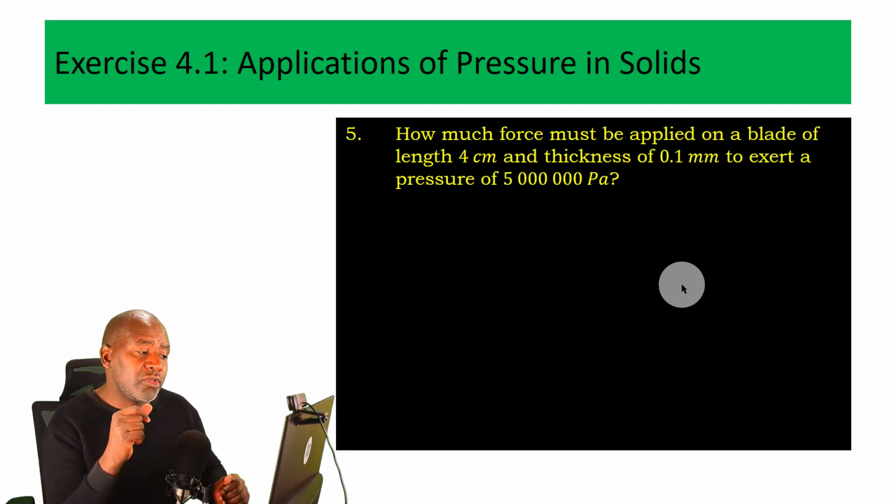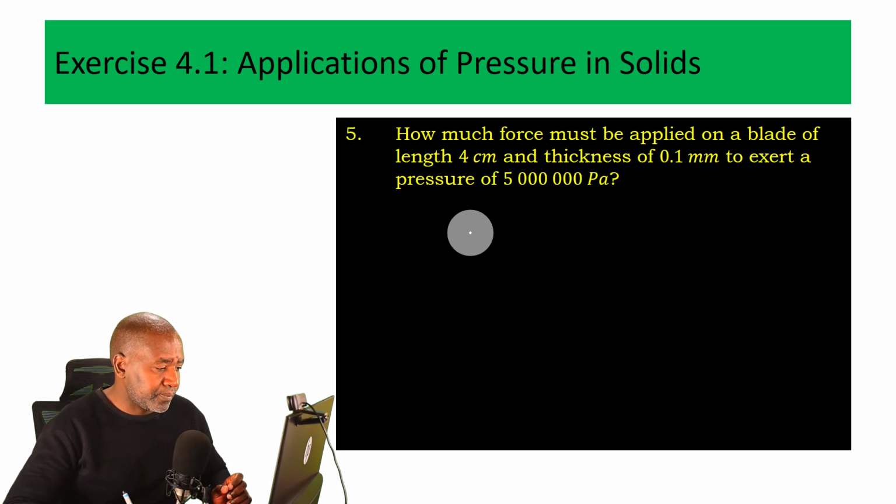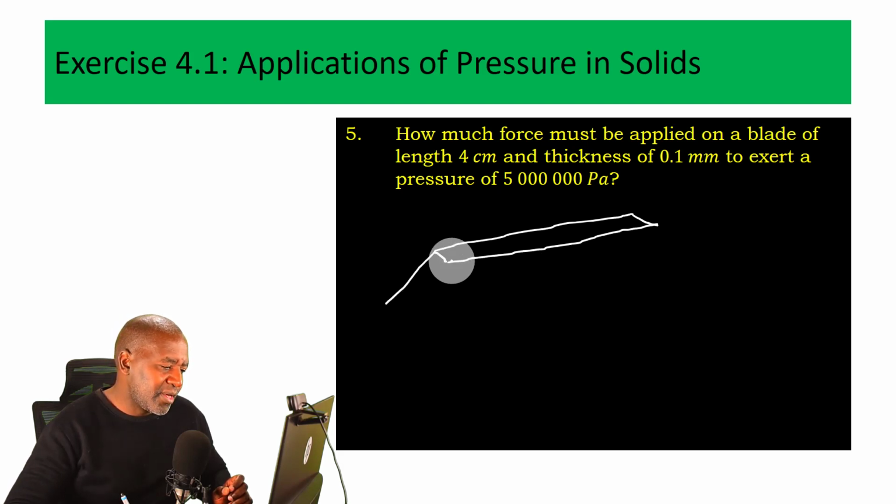Why? You see the length and the thickness of the cutting blade is given. When we look at the cutting edge of a knife, this may be what we see.